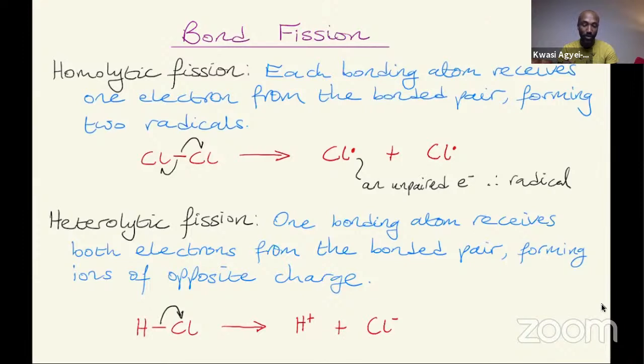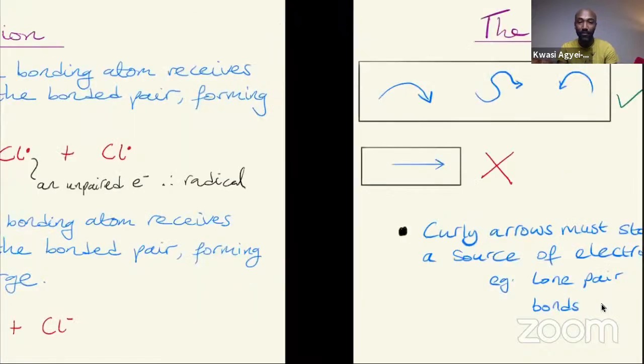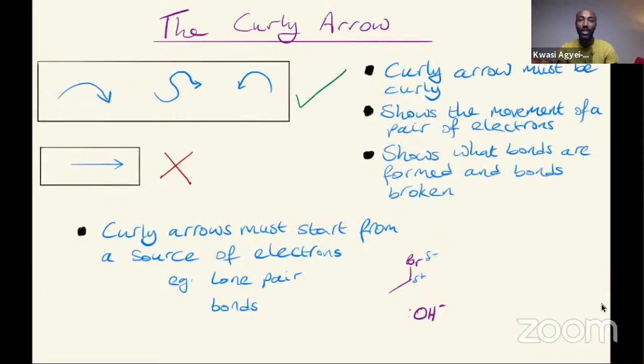Okay, so bonds break and bonds also form in reactions, and in organic reactions we're going to be using the curly arrow to show how these bonds form and how these bonds break. So let's look at a few principles governing how you should be using the curly arrow. Okay, so first of all, the curly arrow has to be curly. That's its name, right?